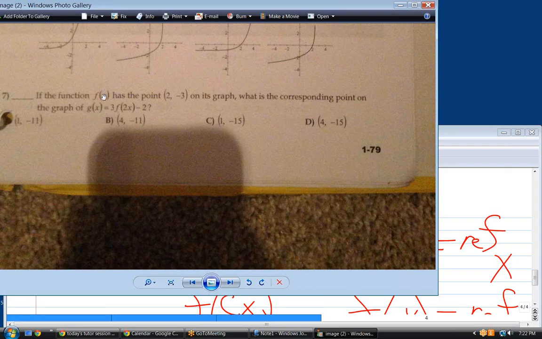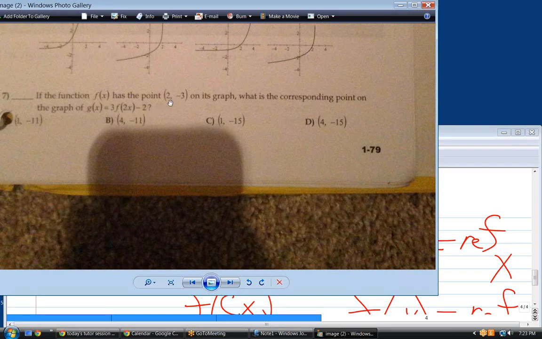We don't even know what it is. We don't know if it's a parabola or if it's e to the x or any of that. We just know it's some function. And they're stretching it by a factor of 3. They're compressing it horizontally by a factor of 2. And they're shifting it vertically down by 2.